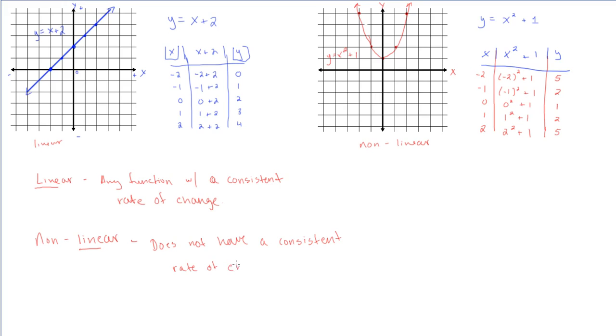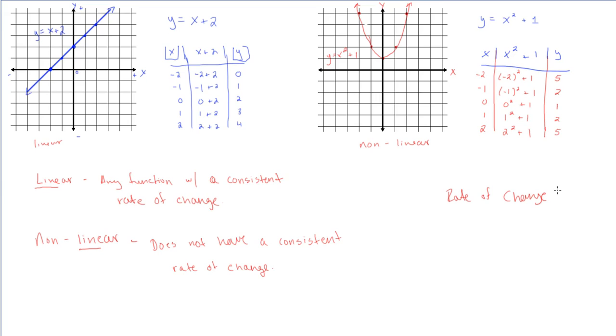Now, what exactly is a rate of change? Okay. Now, the rate of change is essentially how far a line or a function travels over a certain period or distance or unit. Okay, we can also consider that to be the slope.